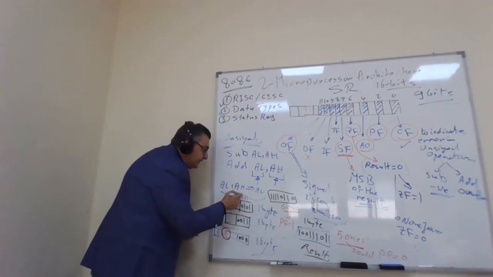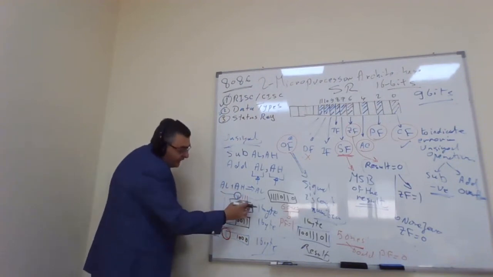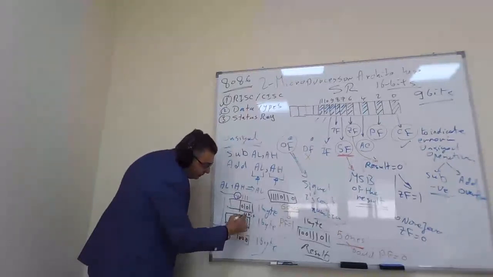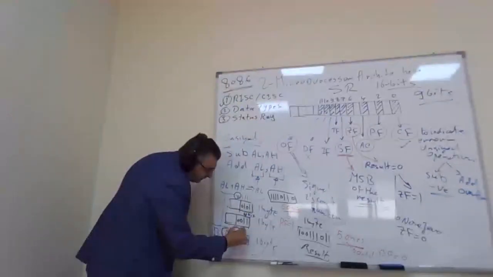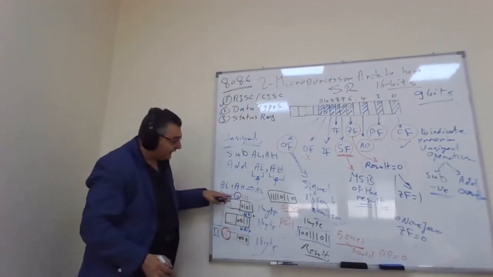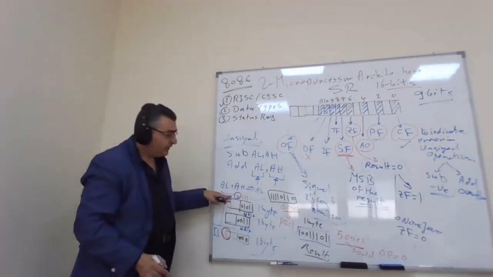Can you see this last carry here? When I add the first 4 bits of the first number to the 4 bits of the second number, I get a carry out of this.